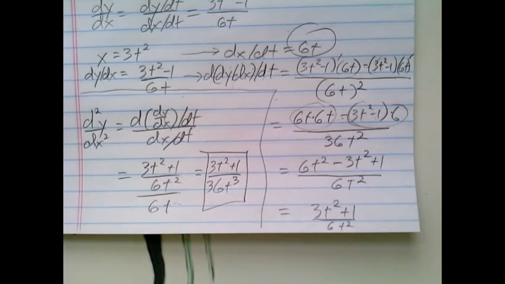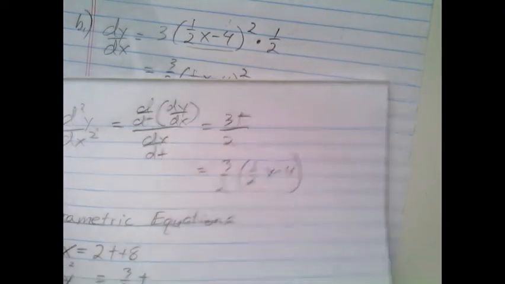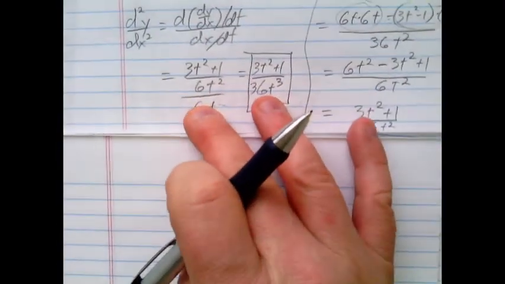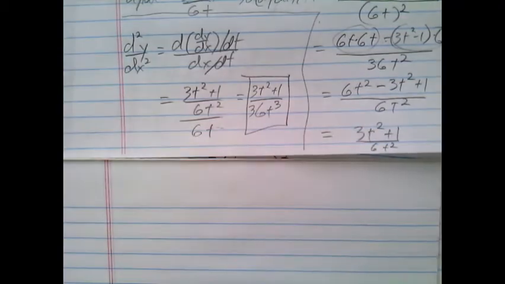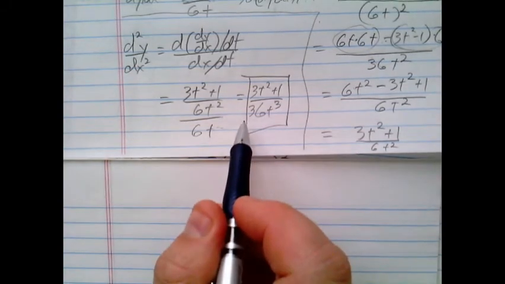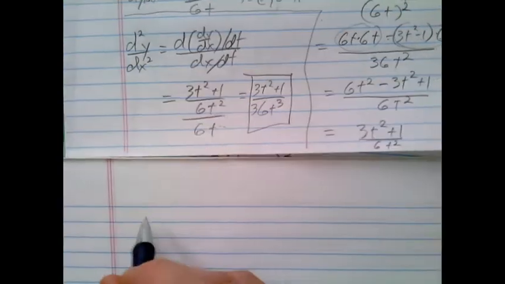But that wasn't even the entire problem. The problem is actually to figure out where this is concave up and where it is concave down. That boils down to when the second derivative is positive and when it is negative.